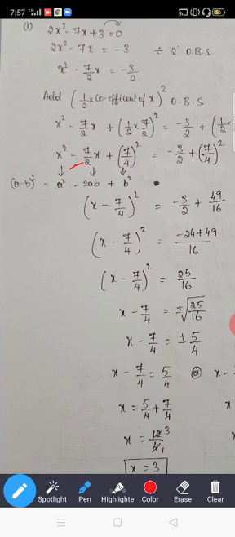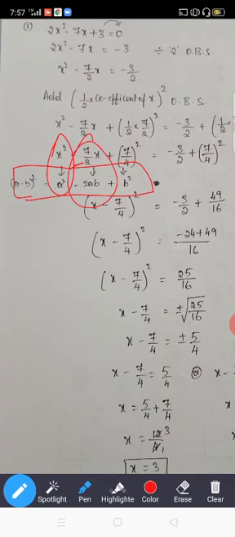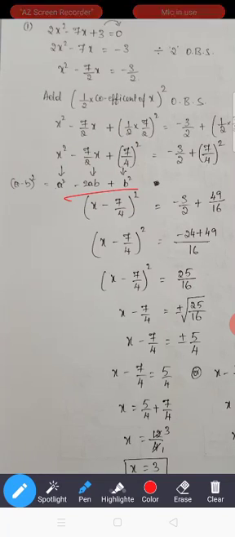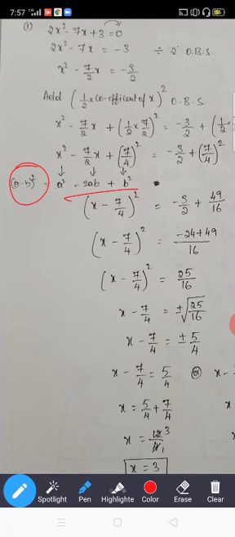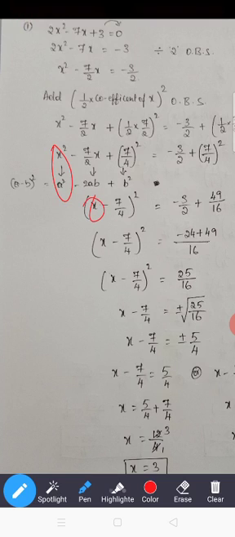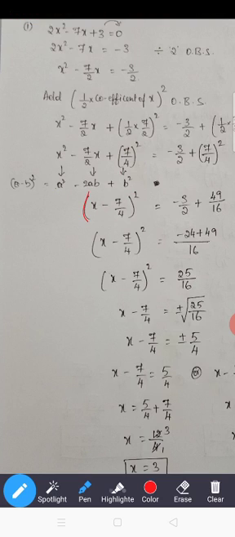Now there is a negative, so definitely it is in the form of a minus b whole square. Then it is a square, minus 2ab, and plus b square. So I can write this in the form of a minus b whole square, right? What is a here? a means x, and b is 7 by 4. So x minus 7 by 4 whole square.